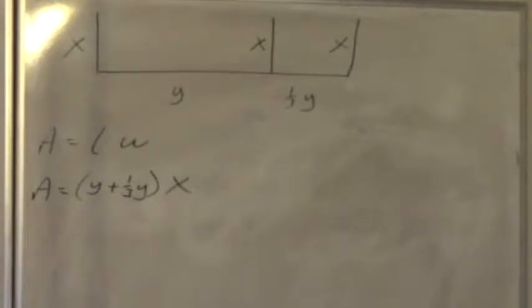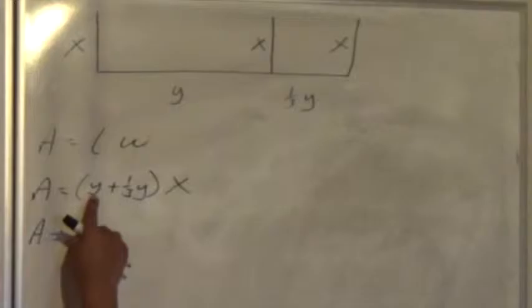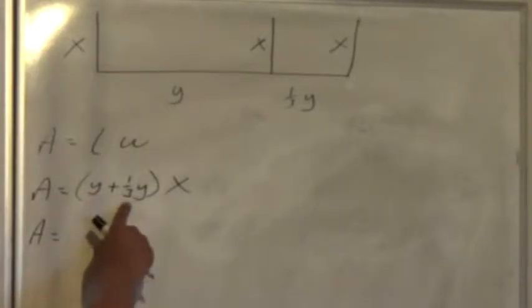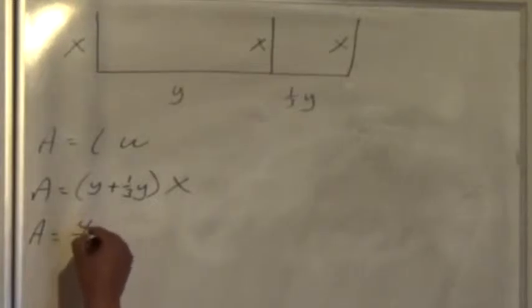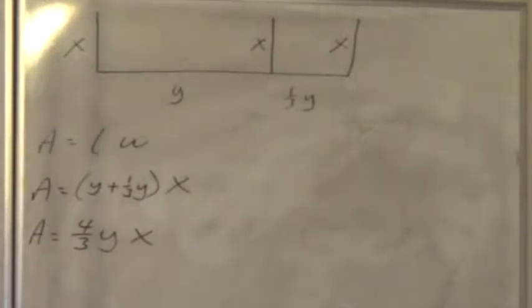Now I'm going to simplify. 1Y plus 1/3 Y gives me 4/3 Y, then times the X. Okay, I cannot take a derivative of the area right now because it has 2 variables.